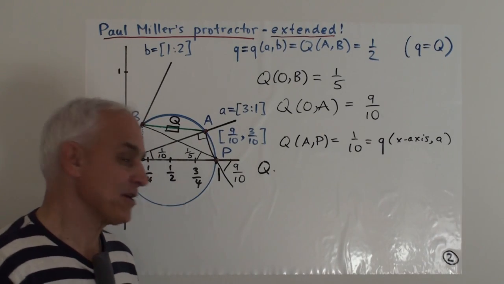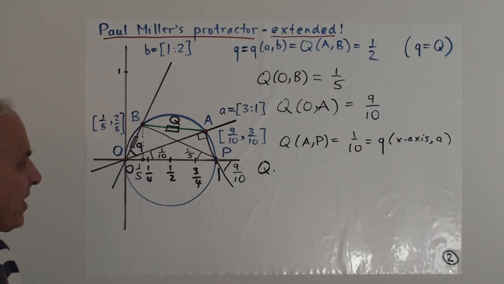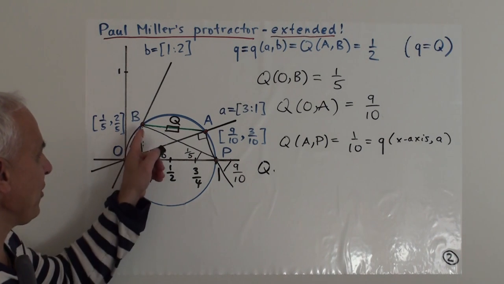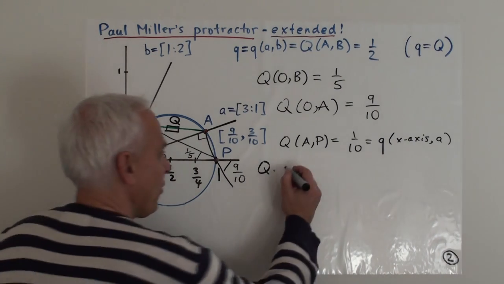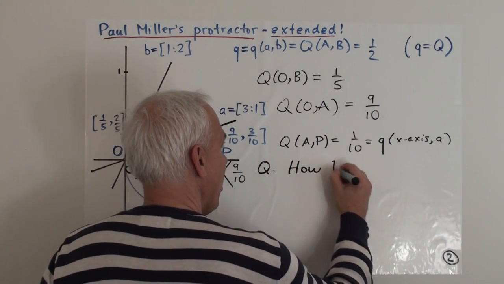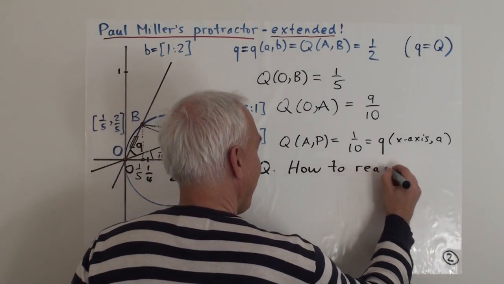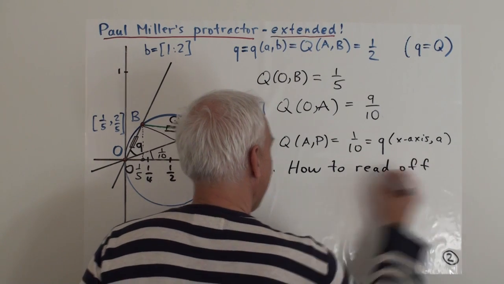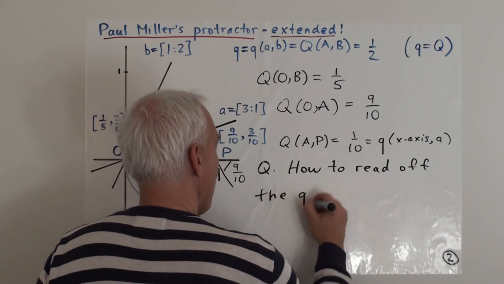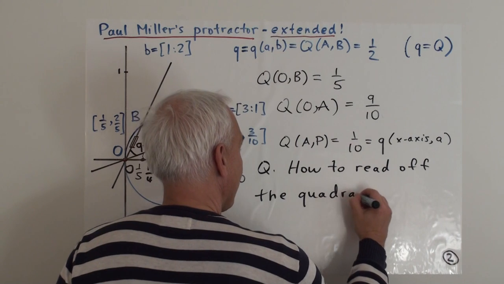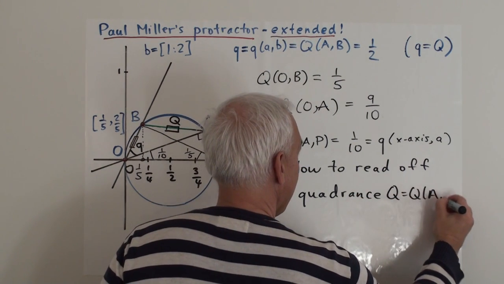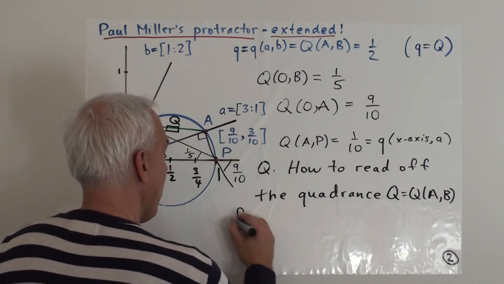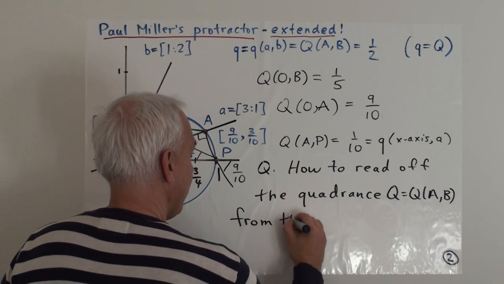All right, so now let's ask another question. Suppose that we're interested in the quadrance between A and B, this number that we've called Q here. So the question is how to read off the quadrance Q, which is the quadrance between A and B, from the diagram.